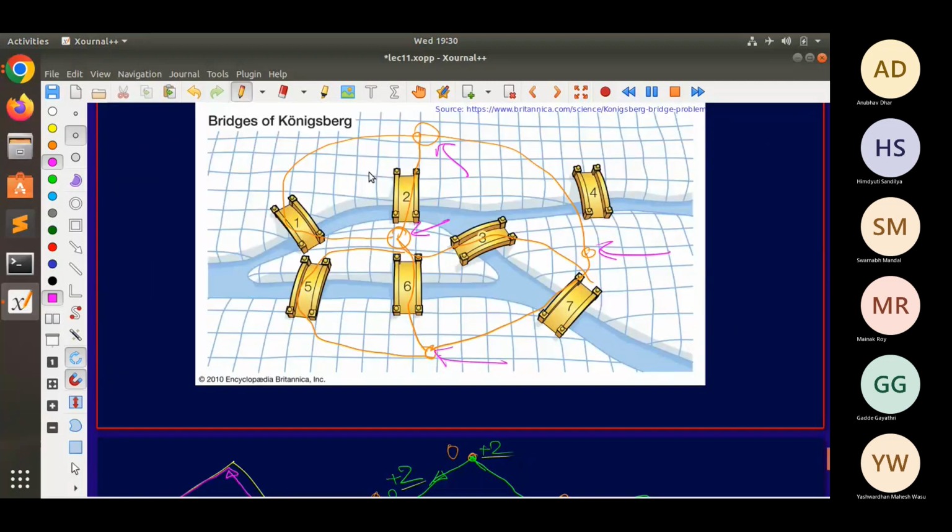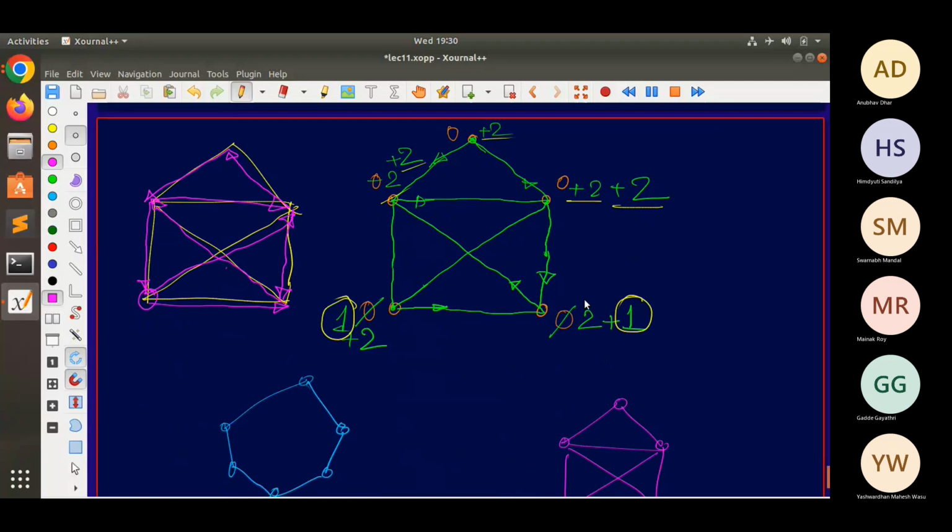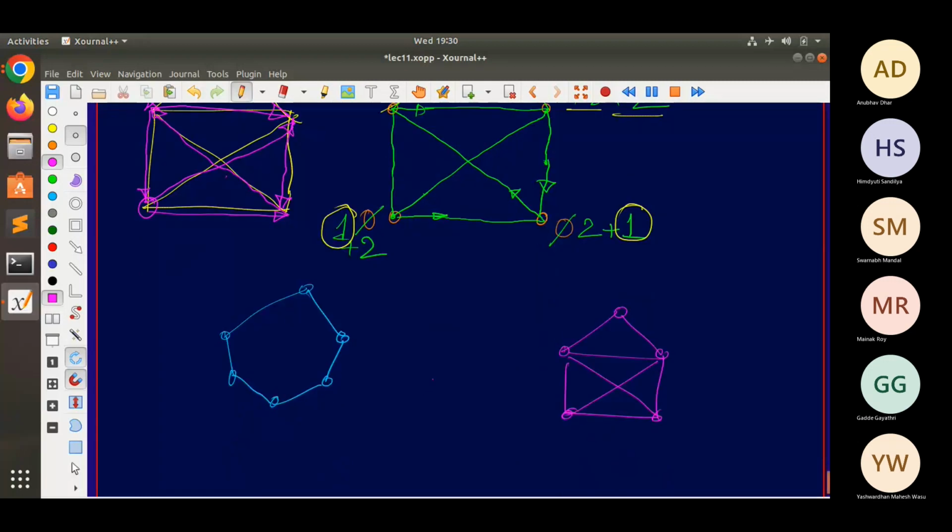But it can still be the case that there are some graphs that have two odd vertices and all even vertices, but it's still not possible to draw them. Just try and prove that it's actually the case that you can draw all of them using these tools.